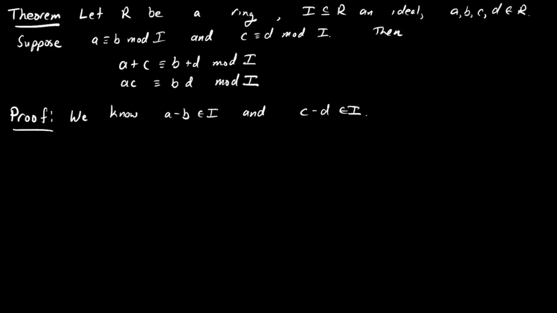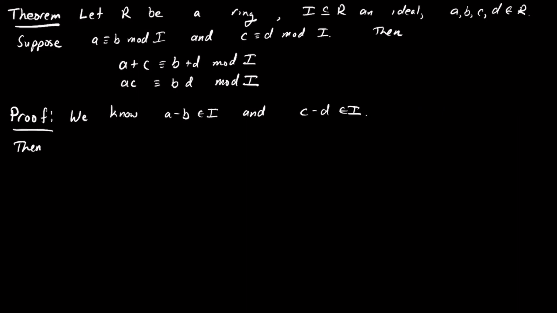I'll write down our assumption that since A is congruent to B mod I and C is congruent to D mod I, then A minus B is an element of I and C minus D is an element of I. Okay, so let's see what we have. Well, one thing we might try to do is to add these two quantities, right?